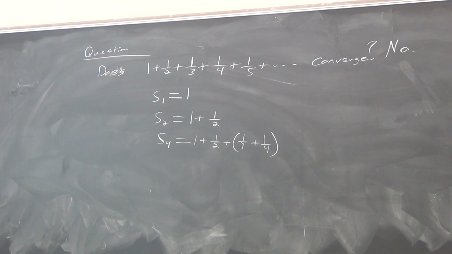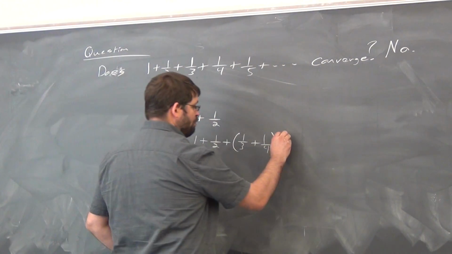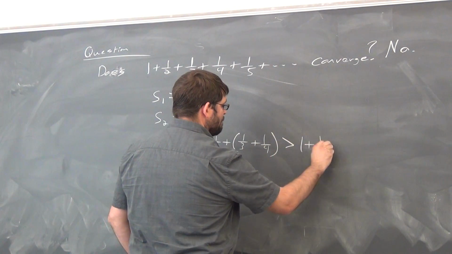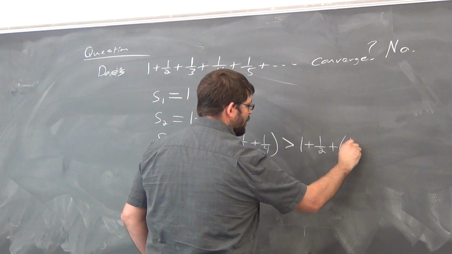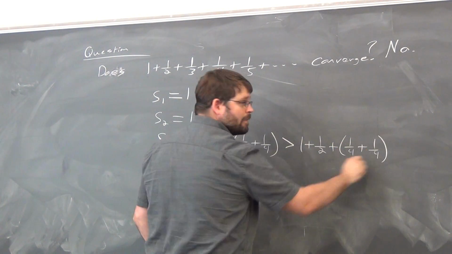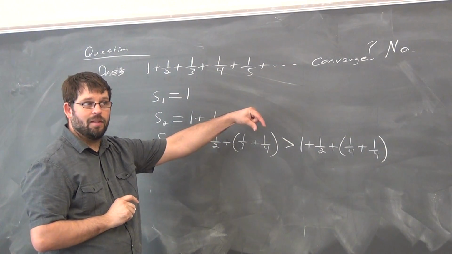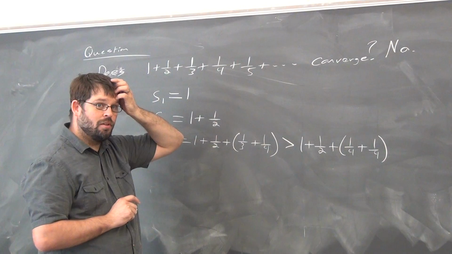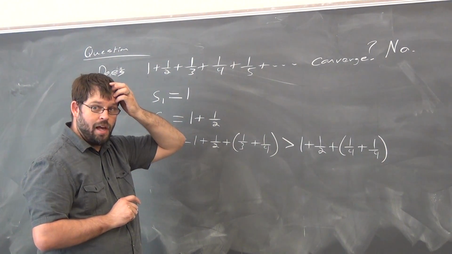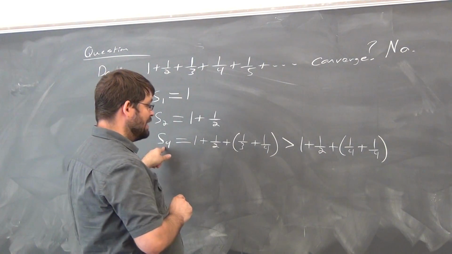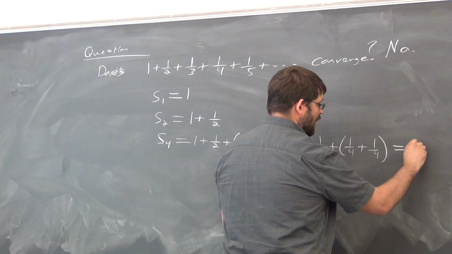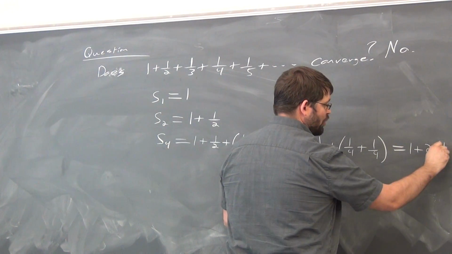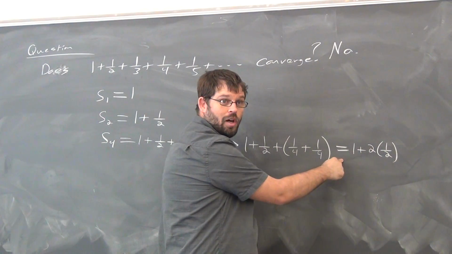Then 1/3 plus 1/4. Which one of those is bigger? 1/3. And so this thing is greater than if I replace that 1/3 with another 1/4. Does that make sense? But now what's inside the parentheses? 1/4 plus 1/4 is 1/2, right? So S sub 4 is greater than 1 plus, and again, you could clean this up, but I want it to be written this way, 1 plus 2/2.